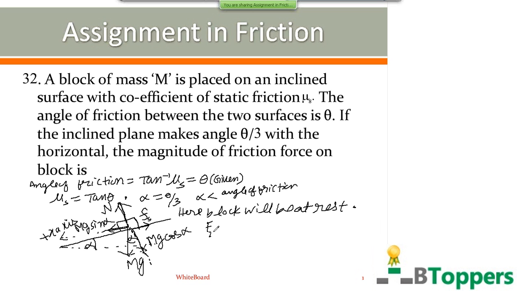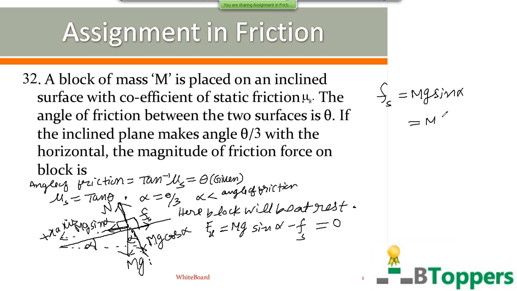So the x component of the resultant force on the block is equal to mg sin alpha minus fs. Fs represents the magnitude of static friction on the block by the inclined plane, which opposes the relative motion between the block and the inclined surface, so it acts up the inclined plane. Because the block is at rest, the resultant force on the block must be 0. So the magnitude of static friction on the block by the inclined plane is mg sin alpha.